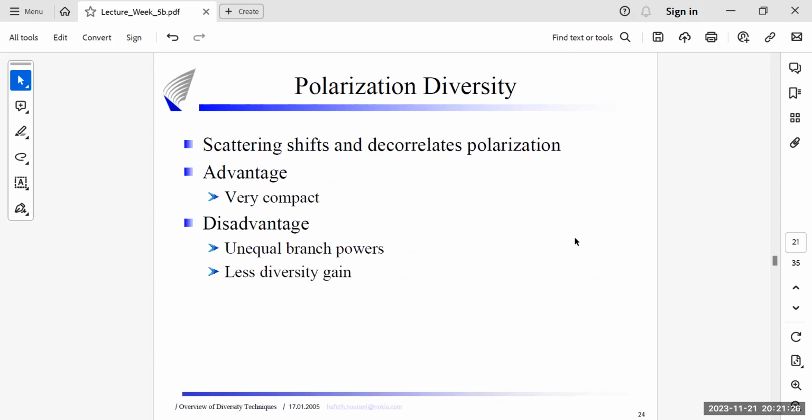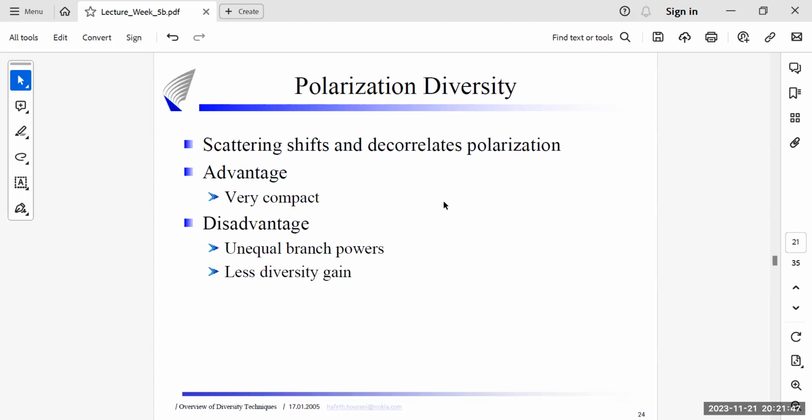Next thing is the polarization diversity. In the case of polarization diversity, you have different scattering shifts, and that decorrelates the polarization. The advantage is that it is a very compact technique, but the disadvantage is that there are unequal branch powers and less diversity gain.